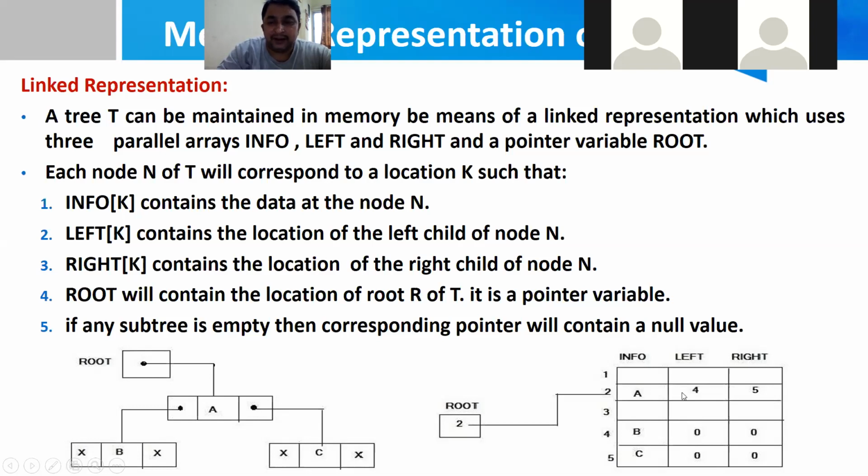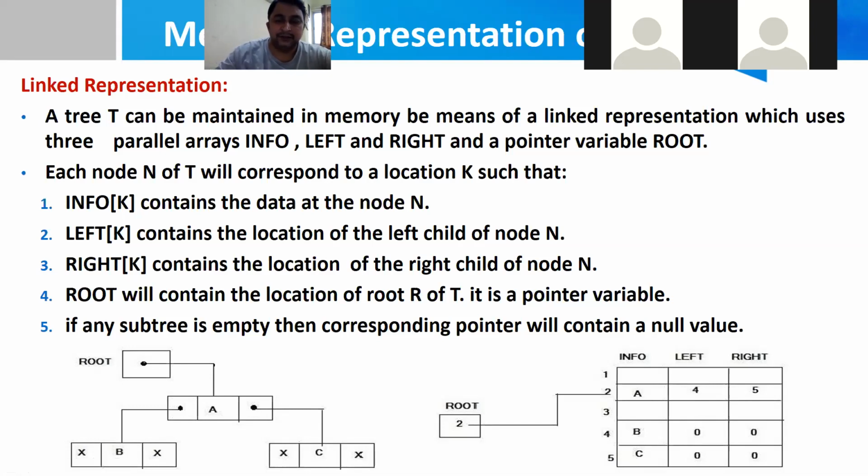When A's left hand side is completely done, it will directly go to the right hand side of A. The right hand side of A is mentioned as 5, so it will come to the fifth memory location, that is c. In c, which is a terminal node again, only zeros are maintained in the left and right memory locations.